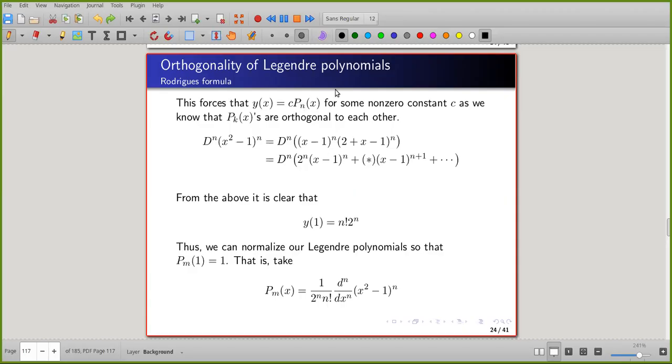In other words, the solution to a differential equation can be scaled and will continue to be a solution, but we scale it in such a way that at 1 it takes the value 1. So this polynomial pn of x satisfies the Legendre equation, and it also satisfies pn of 1 equal to 1.